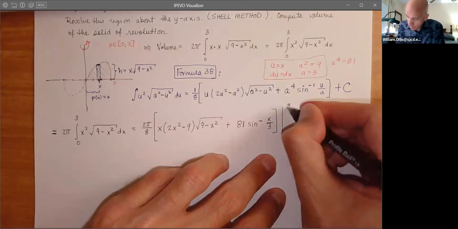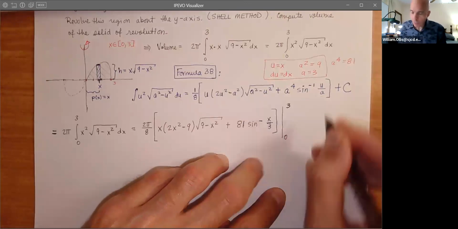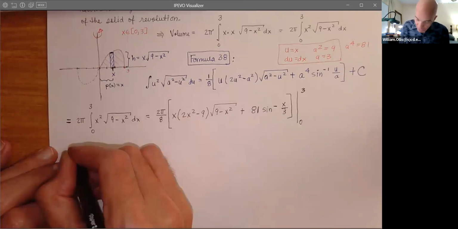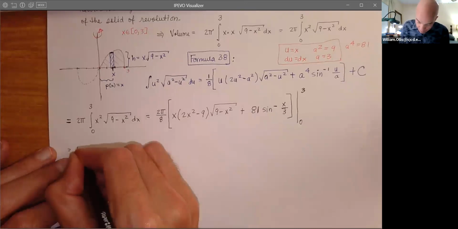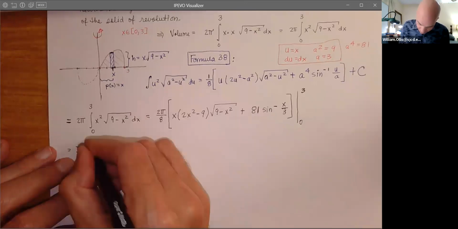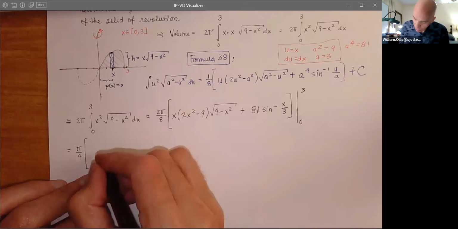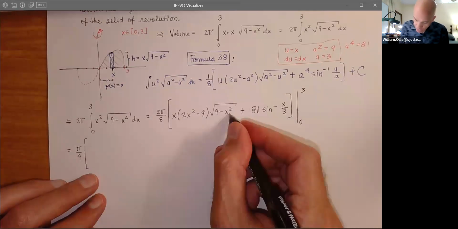So this is like the other problem we did where we were grateful for the actual integral table. So we get pi over 4. Now we're going to substitute 3. That's going to die off right there. So let's write it out.